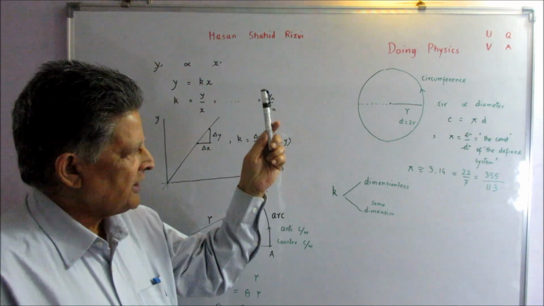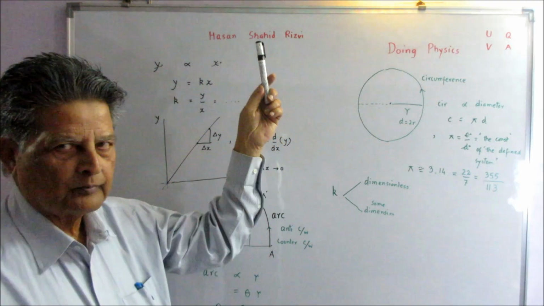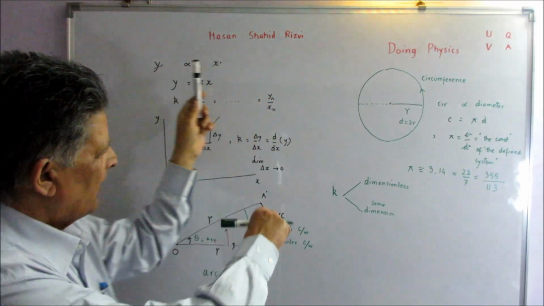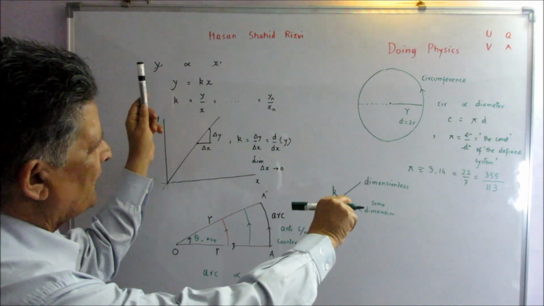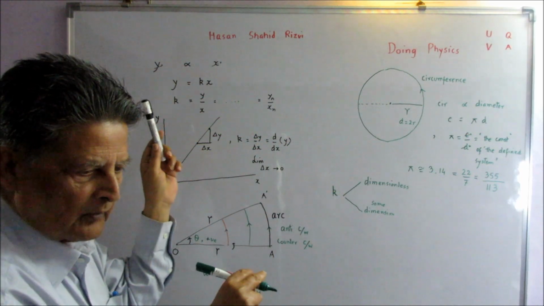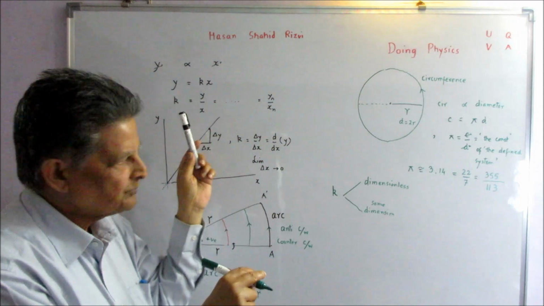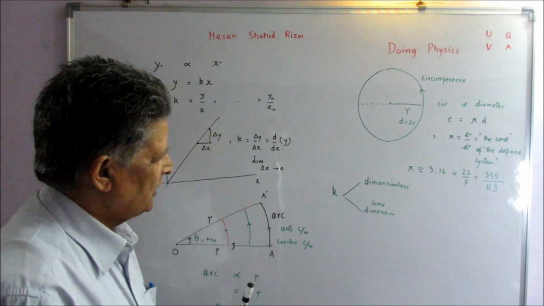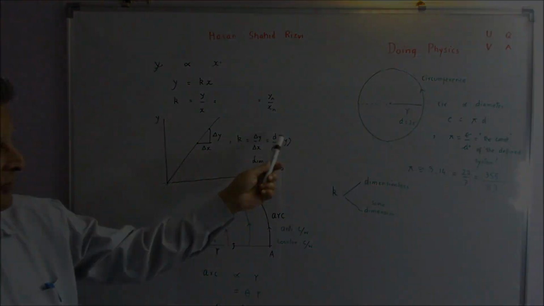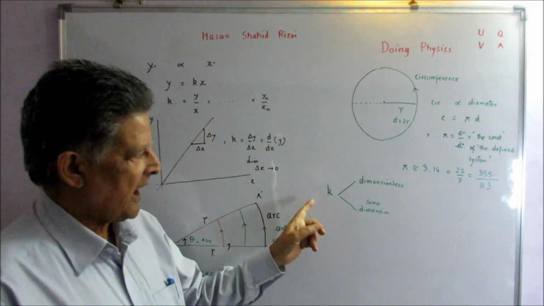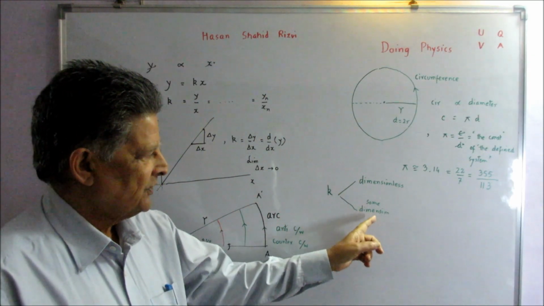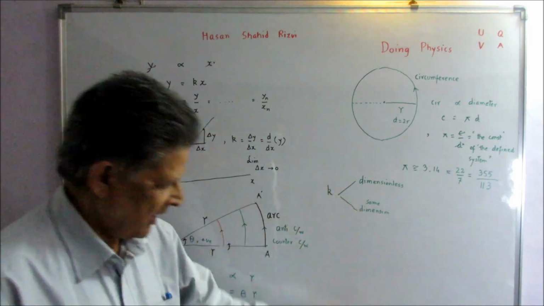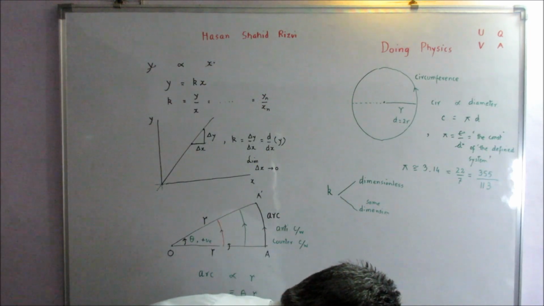So on the y-axis I have got the money, and on the x-axis I have got the number of pens that I want to buy, in a very simple system. Therefore, the constant in that case, which is the rate of change of y, k can have some dimension and k can be dimensionless.